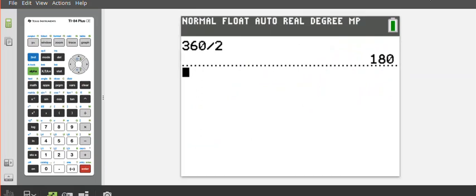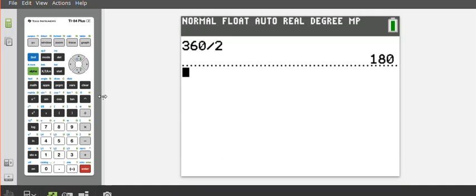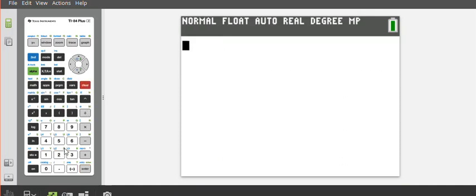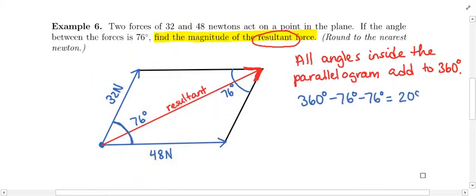Oops, I did the wrong thing. I meant to put 360 minus 76 minus 76. So that means there's 208 degrees left to split between these two remaining angles.